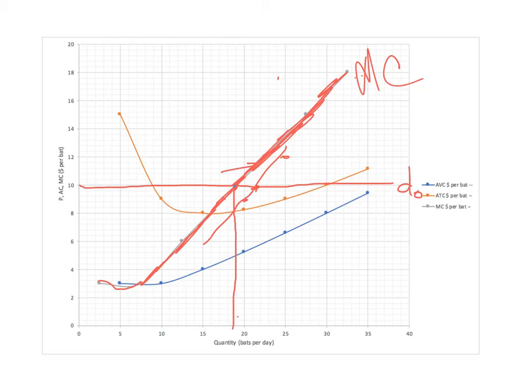Notice that at 19, average costs are $8.25 or so, $8.10, give or take. And so we're making $1.90 per bat, $1.90 times 19. I don't know, 360, something like that, 370. Anyway, we're making some.